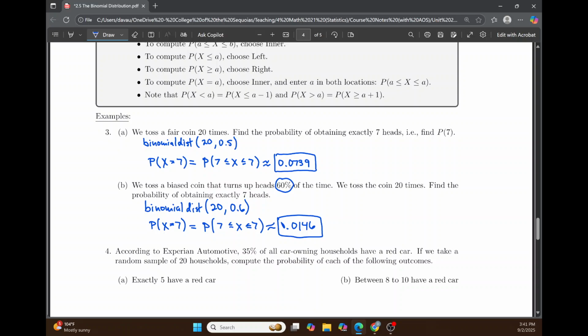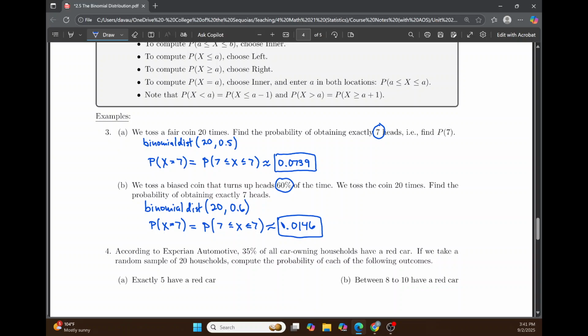I know that the reason that the probability decreased is because we were looking at the probability of getting heads less than half the time. Remember that we were going to flip the coin 20 times. So getting 7 heads means we're getting heads less than half the time.